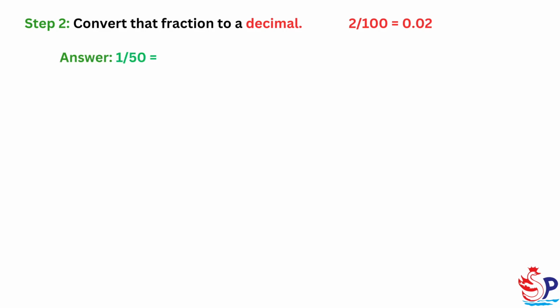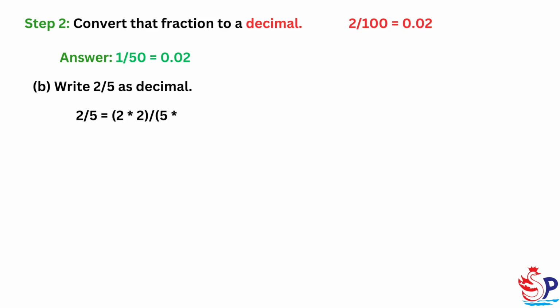Answer: 1/50 equals 0.02. B. Write 2/5 as a decimal. 2/5 equals (2×2)/(5×2) equals 4/10 equals 0.4. Answer: 2/5 equals 0.4.